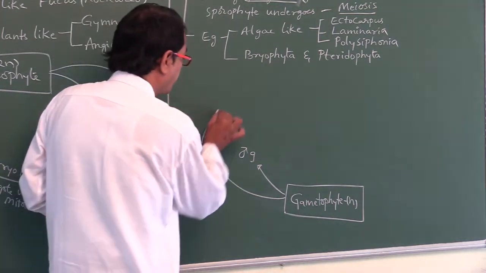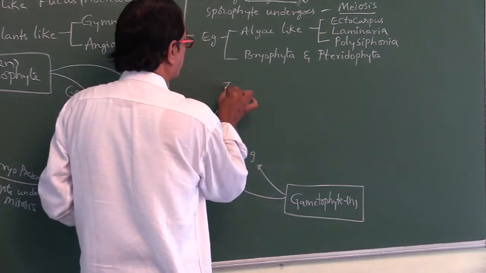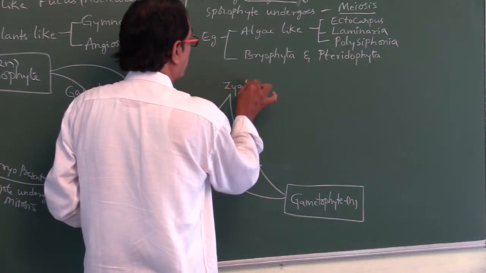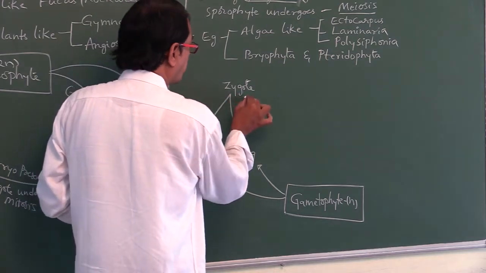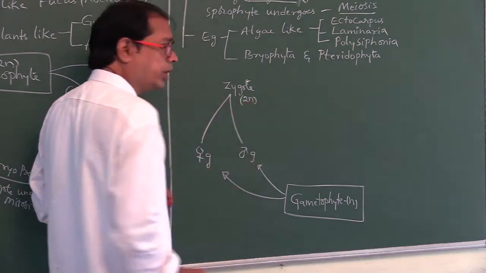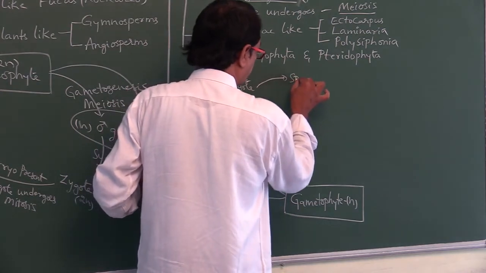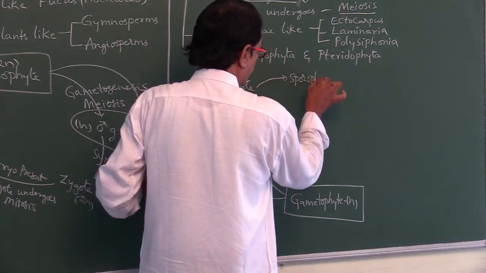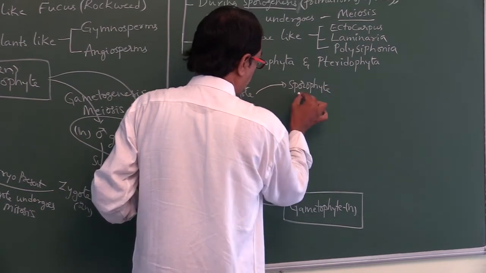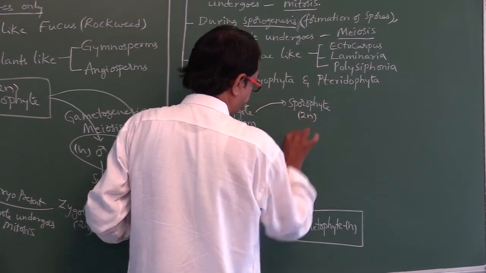Male and female gametes are fused together and form zygote. Zygote ploidy is 2n. This zygote later develops into sporophyte. Sporophyte means ploidy is 2n.